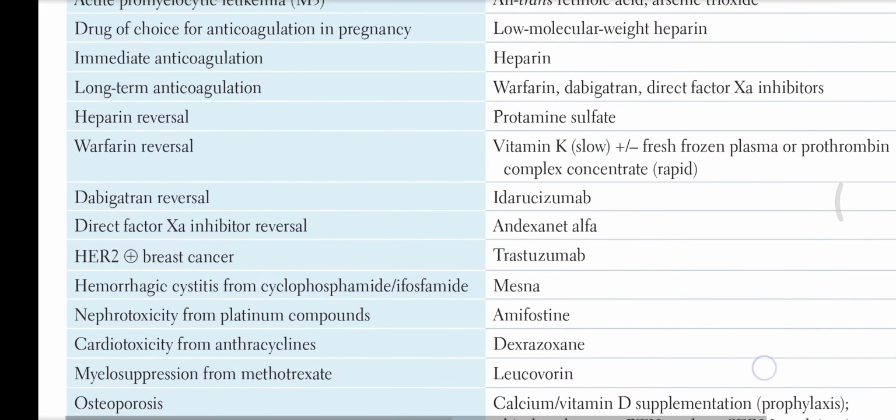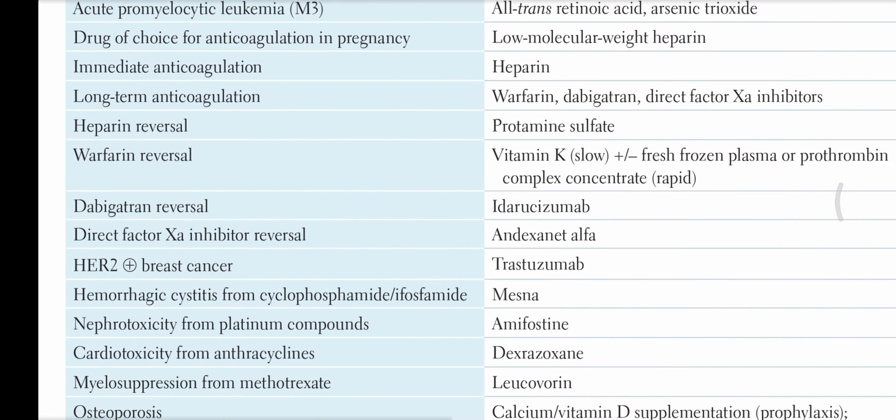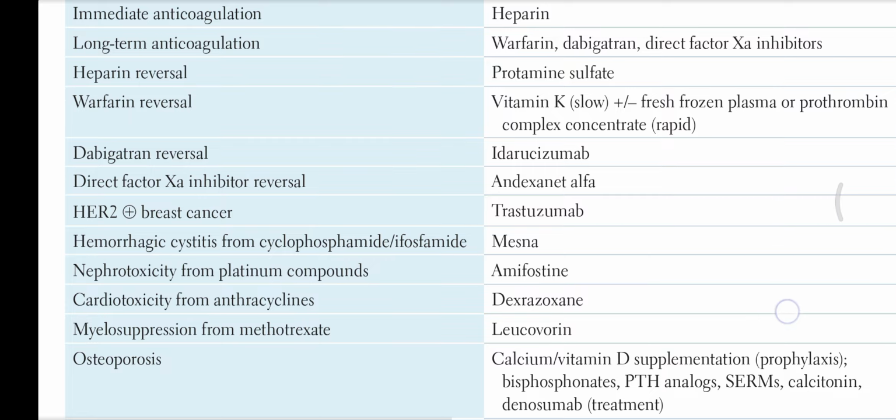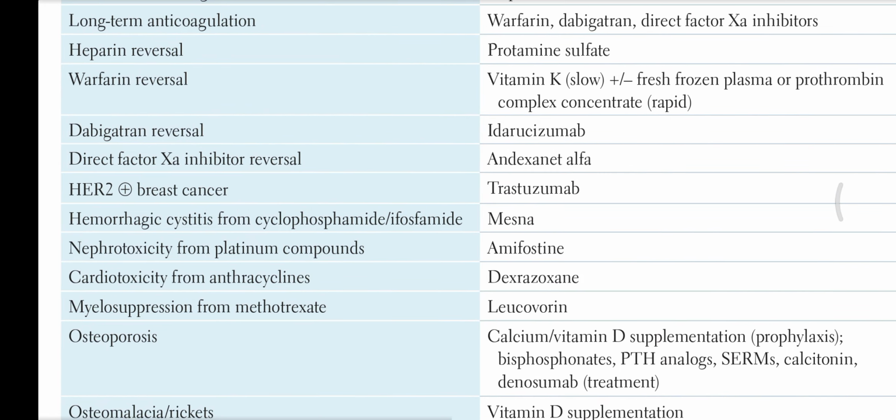Myelosuppression from methotrexate, leucovorin is given.